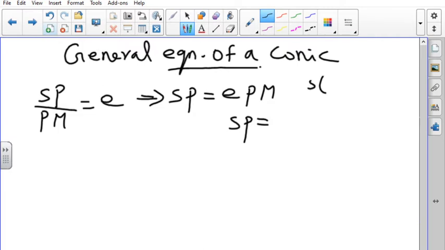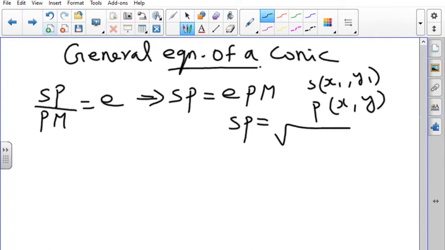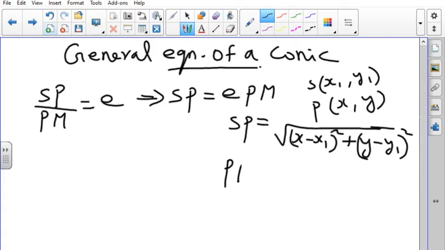S is x1 comma y1, and P is x comma y. So it is root of x minus x1 the whole square plus y minus y1 the whole square. And PM is the perpendicular distance from the point x comma y to the line L.